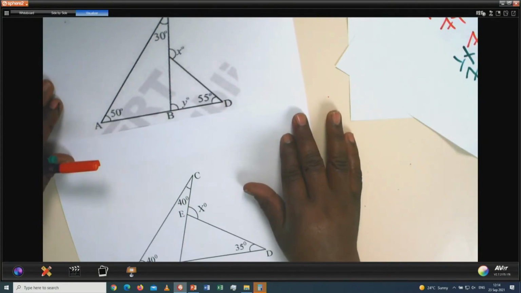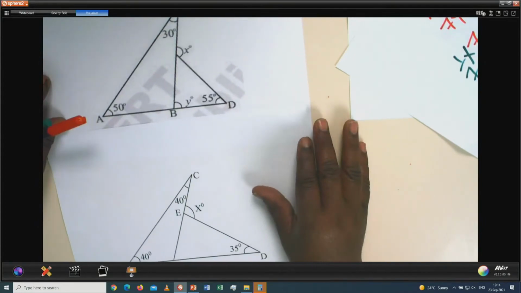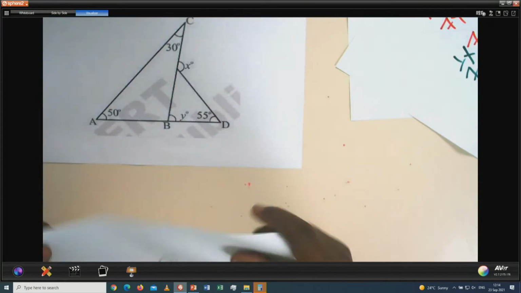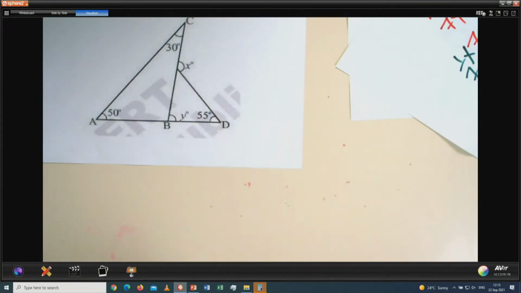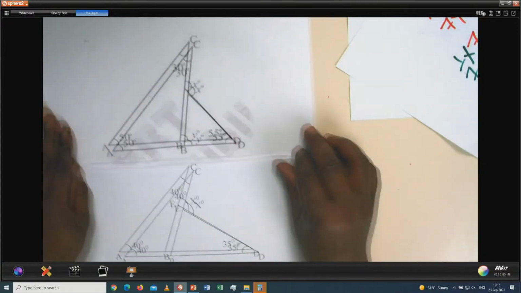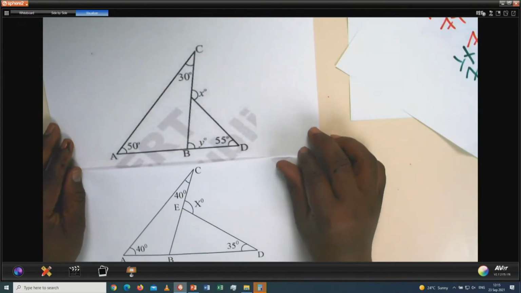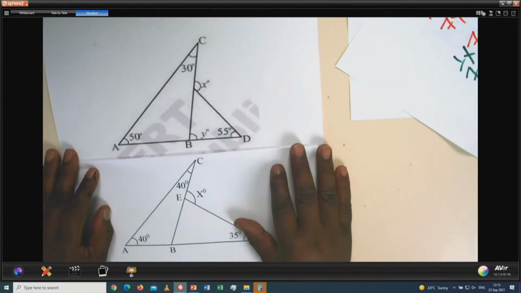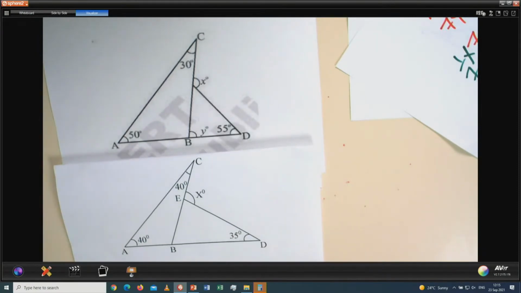Let me just fold so that they can both fit here. Work on these 2 questions, analyze what we have there, and then we'll come back and discuss them hereafter.